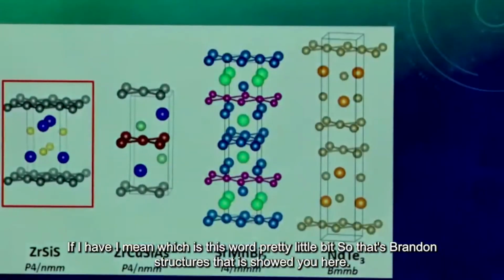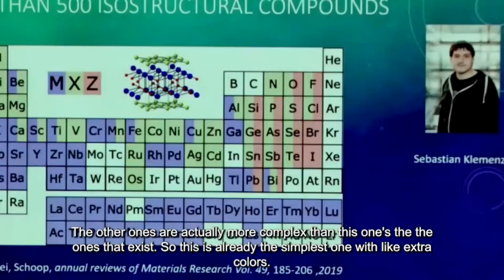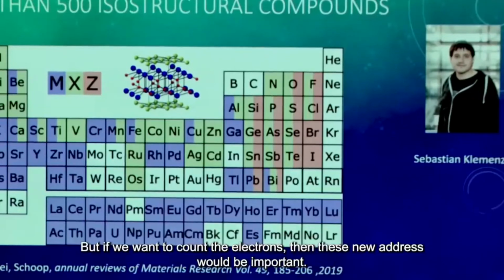So the square net structures that I showed you here, the other ones that exist are actually more complex than this one. So this is already the simplest one with extra colors, with blue and red. And this is really just listing the elements that are found on this position, right? Sure, you could, of course. For us right now, we really care only about the green ones, but if we want to count electrons, then these blue and red will be important, right?